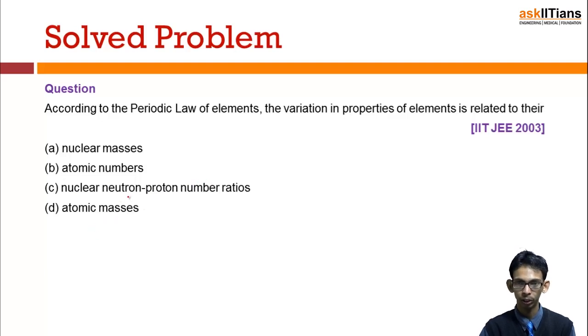It is talking about the modern periodic law, which says that the properties of elements are a periodic function of their atomic numbers. So the answer is B.